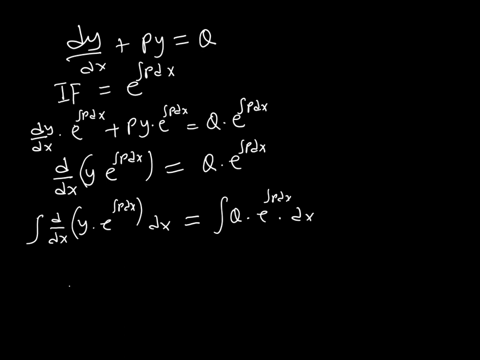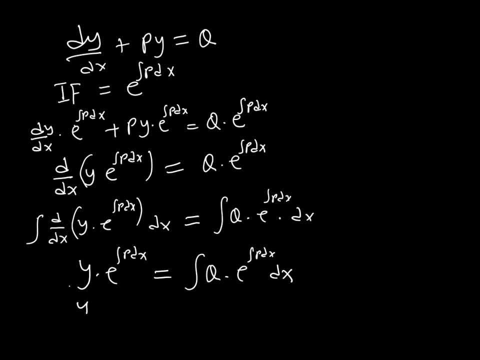Now it looks a bit complicated when you look at it, but it's simple and you don't have to cram this. I'm just including it for reference. Integration and differentiation on the left-hand side cancel out and you only end up with y times e to the integral of p by dx equal to the integral of q times e to the integral of p by dx, with respect to x.